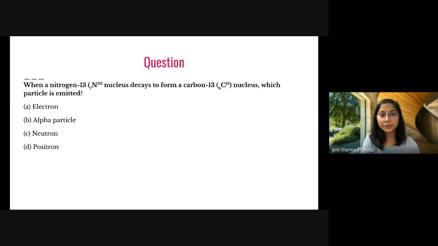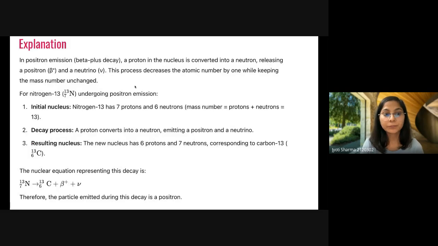This will be positron. Let me show you how. So just see the equation that I have written at the bottom. Here we have nitrogen 7, 13. This will be changed into carbon 6, 13, and this is giving you the positron.